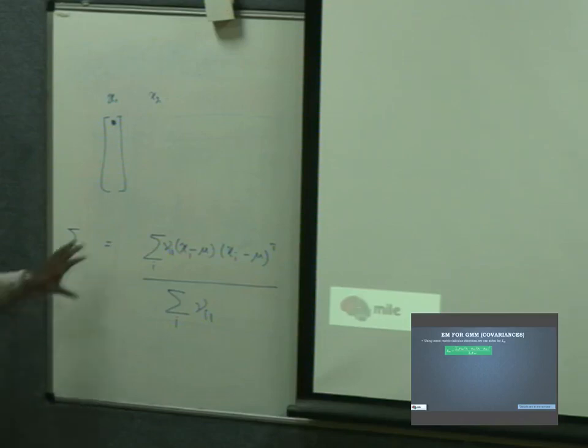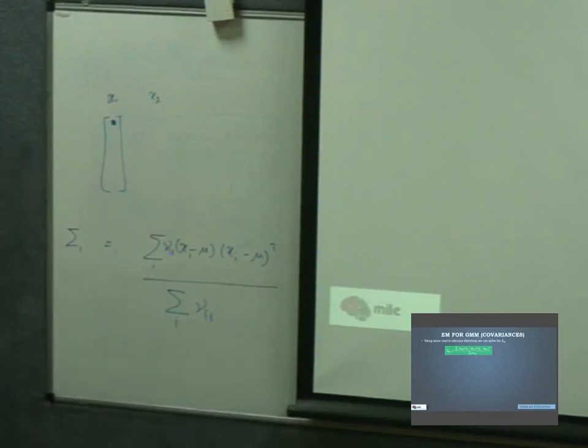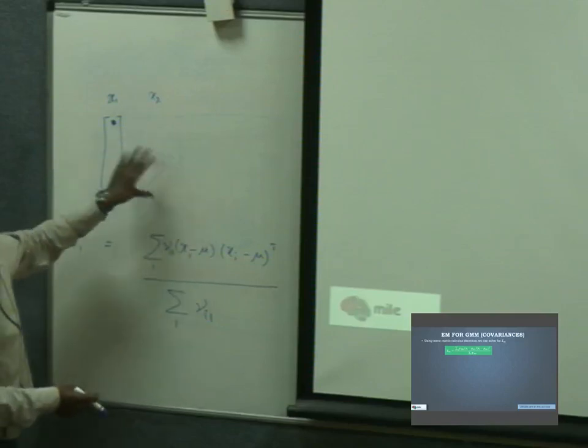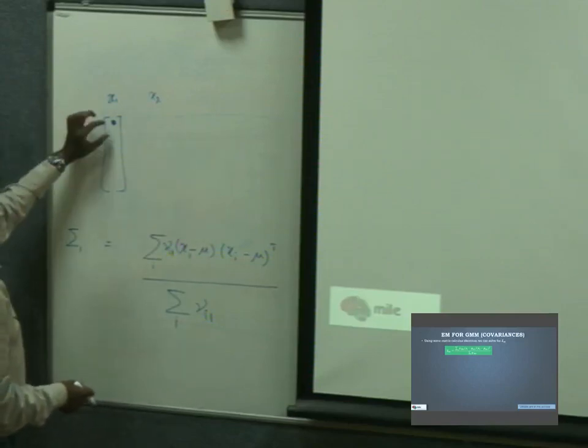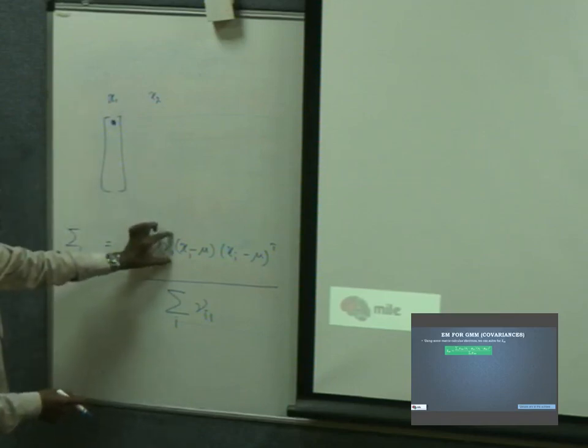So you can intuitively think of this as a weighted covariance estimation. You don't choose all the samples equally, you choose each sample according to a weight given by the posteriors, the gammas.